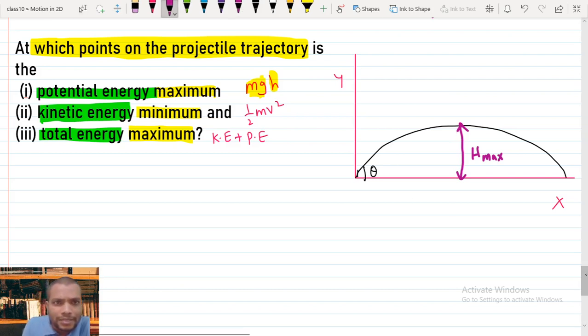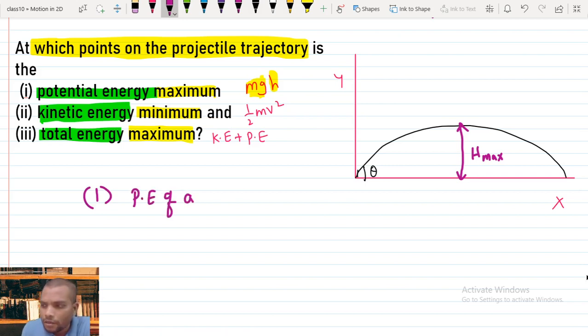So I can mention here for the first case: the potential energy of a projectile is maximum at its highest point.